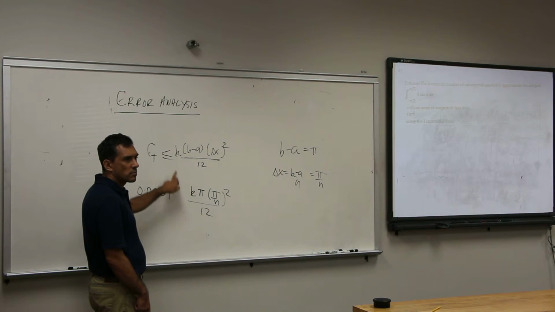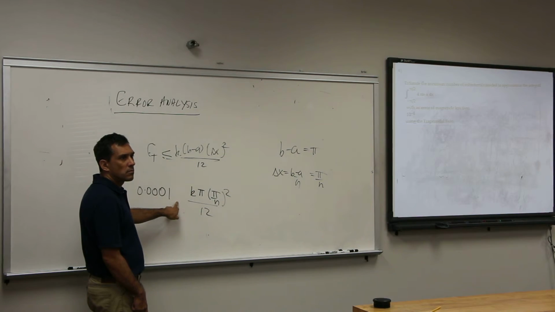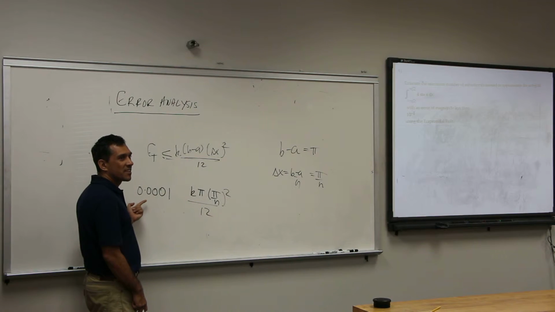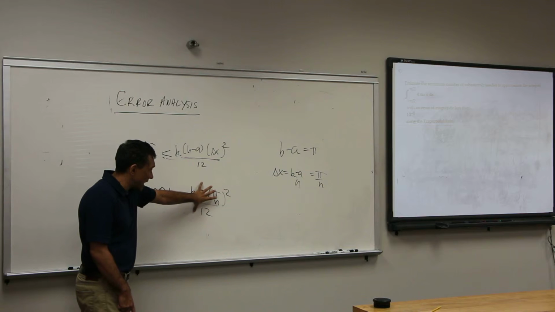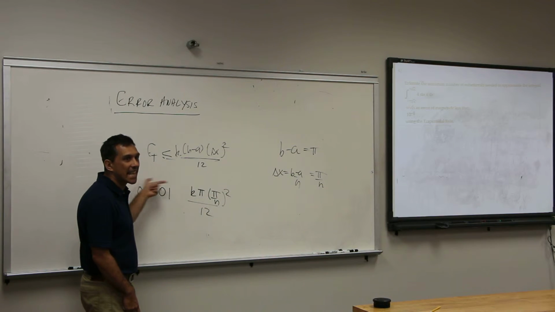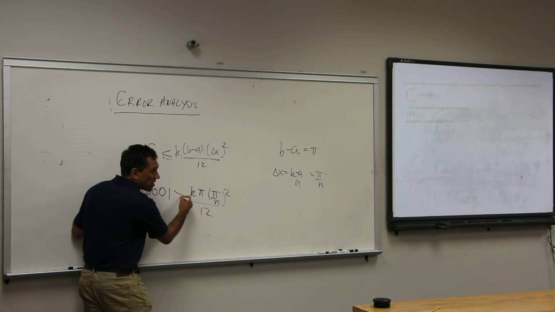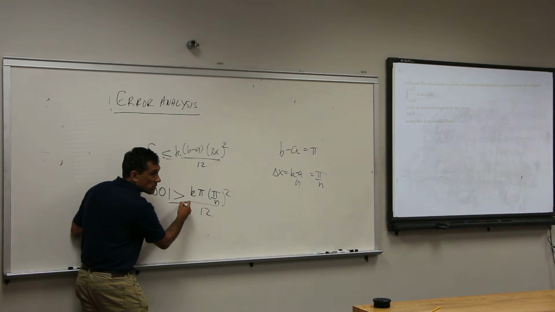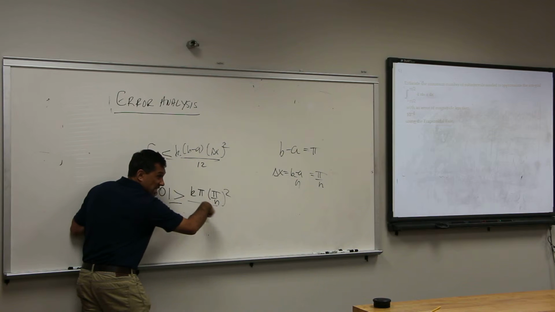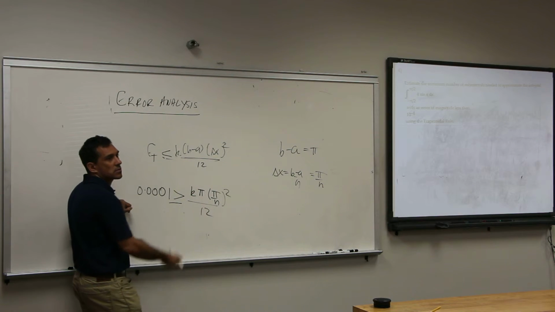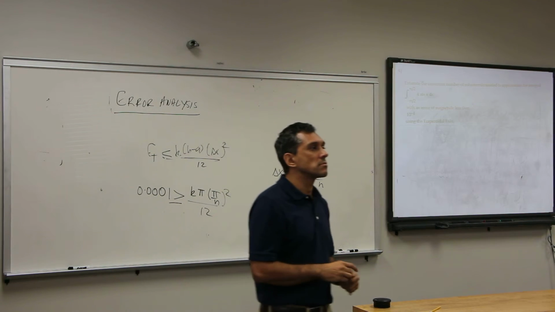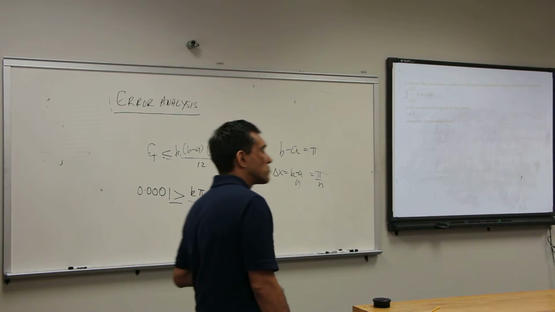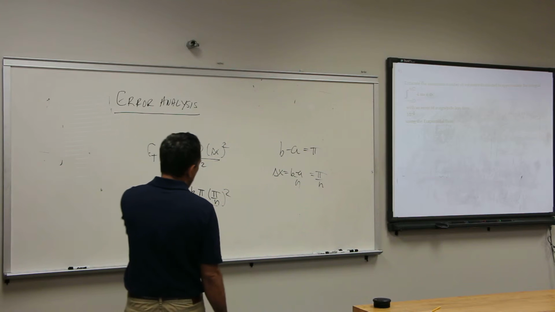I want this error to be less than or equal to 0.0001. So I've got to write it this way. I want this to be less than this. Now, I'm good to go, except I don't know k.